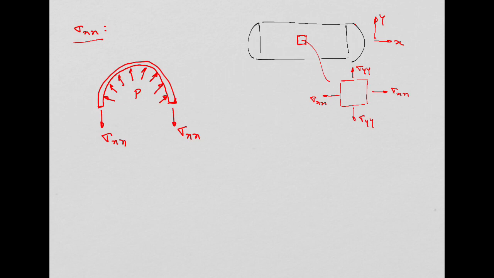This is going to be my x direction. If I do the equilibrium of the forces in the x direction equal to 0, I have the force produced by the pressure, which is the pressure times the area. The area is pi times the radius squared.